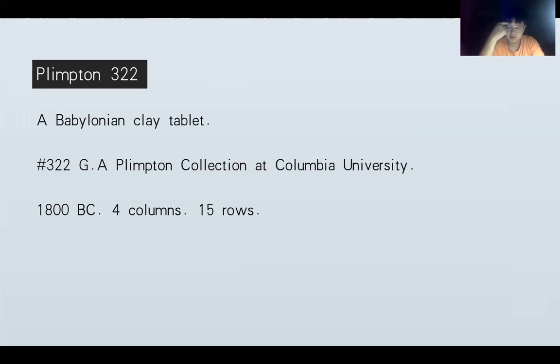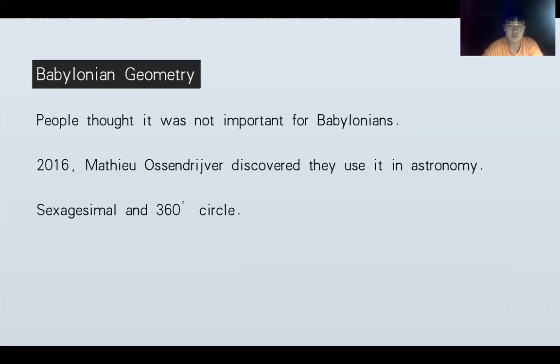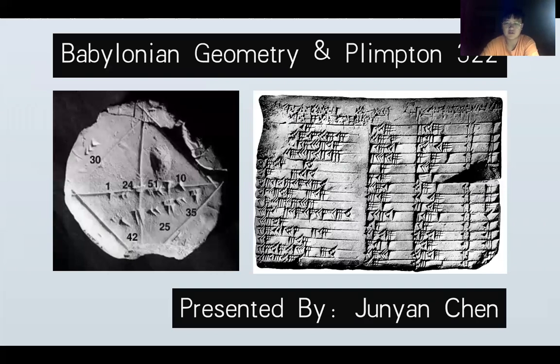And it used Mesopotamian numbers on the clay tablet. As we can see on the first page on the right side, those numbers, as we learned these days, are Mesopotamian numbers, and they are in the sexagesimal system. We also learned that this week.